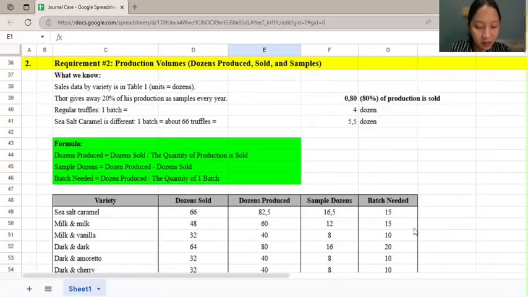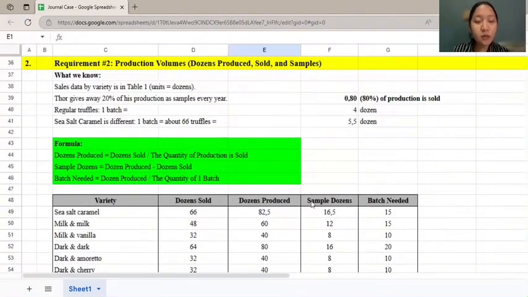Develop a table to calculate by variety and in total batches produced, dozens produced, dozens sold, and dozens produced for promotional samples. We need the information from table 1, and we know that the sales data by variety is in table 1 with units in dozens.